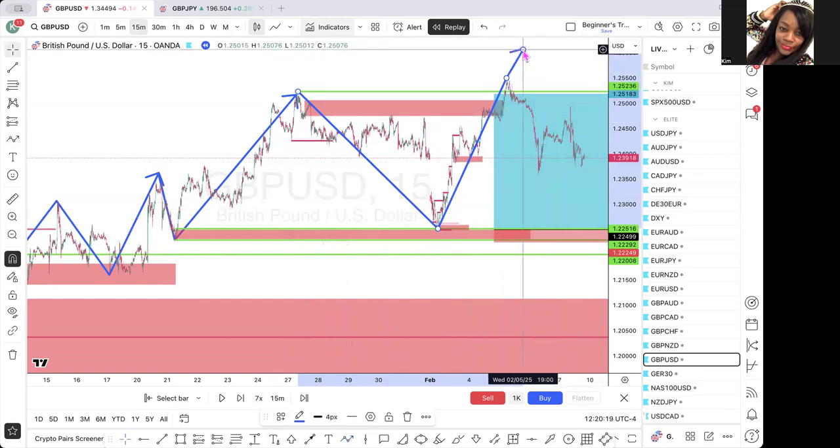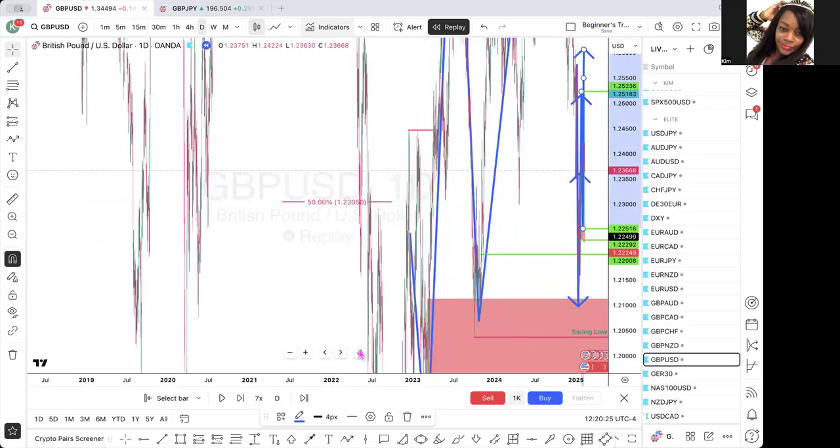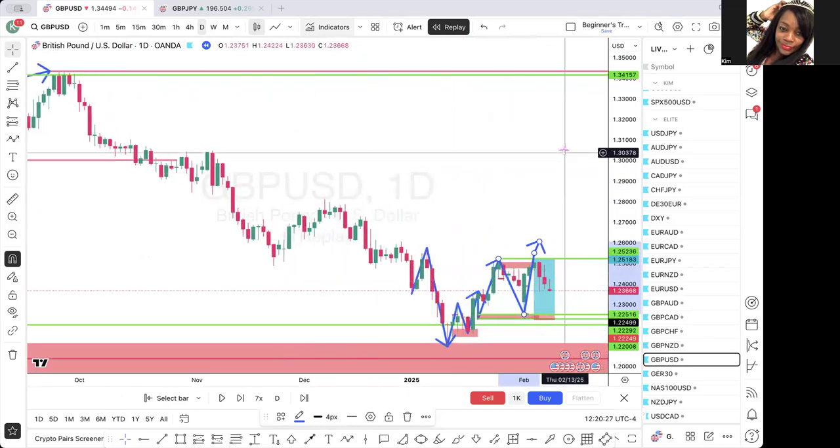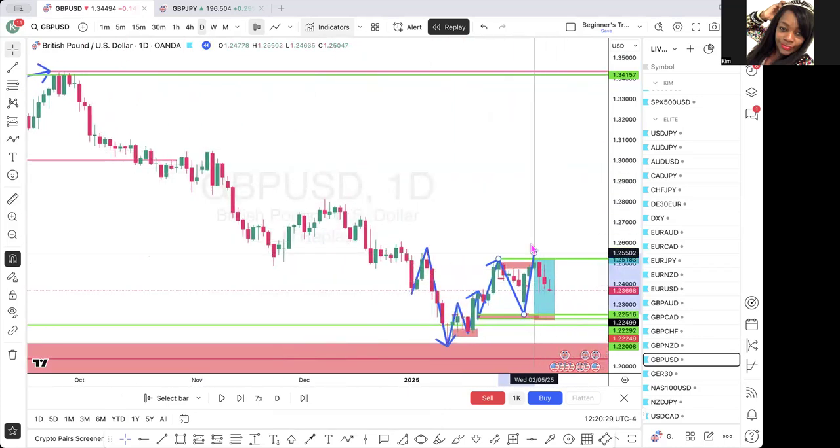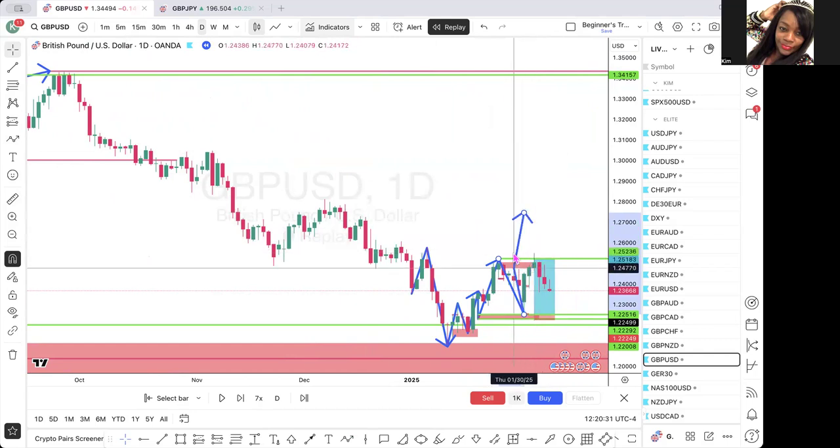Does that make sense? Because higher time. So if I go to the daily, it's probably going to be a wick. You see, that's a wick, right?